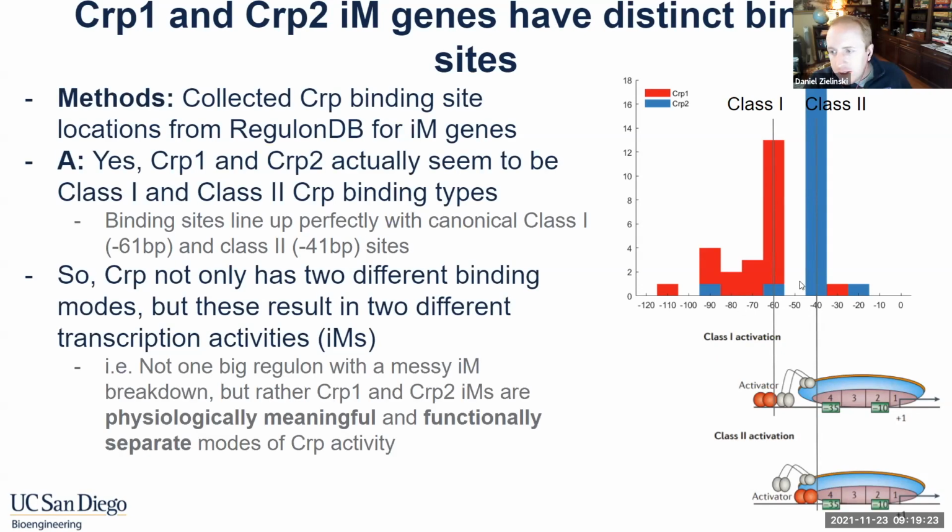Again using the Bitome information, we looked at where the binding sites were, and we saw two peaks. The genes in the CRP2 iModulon had a very clear peak right at, as expected, around -40. Whereas the genes in the CRP1 iModulon had binding site peaks much more around the expected -61, although there's some noise there.